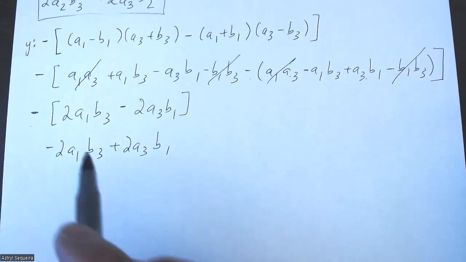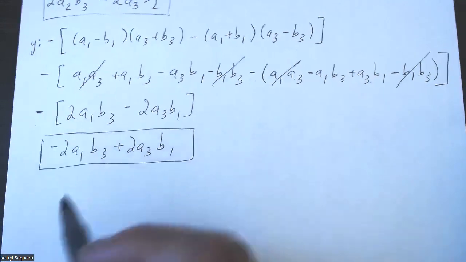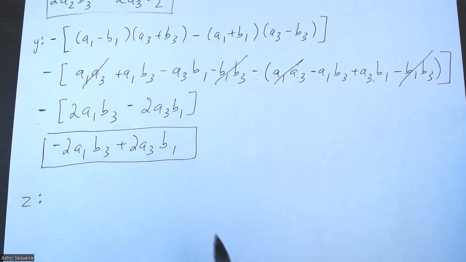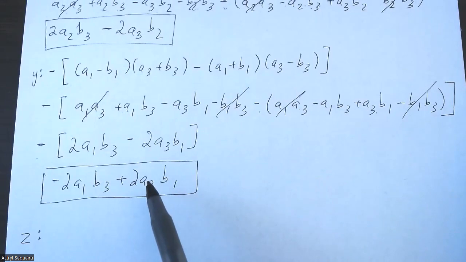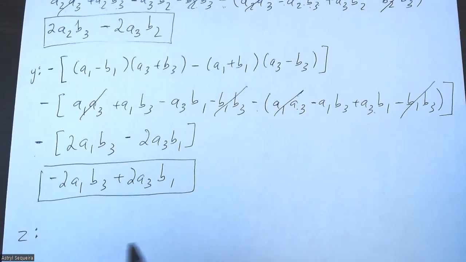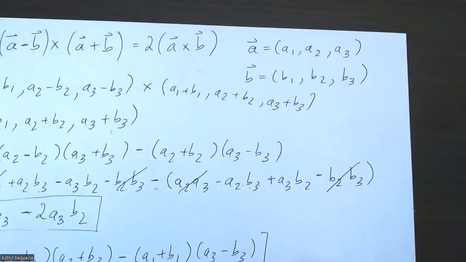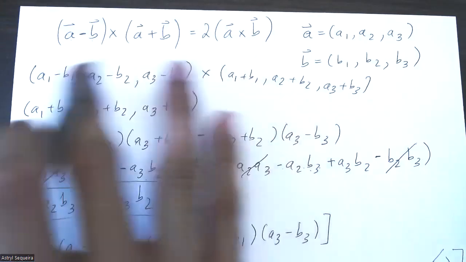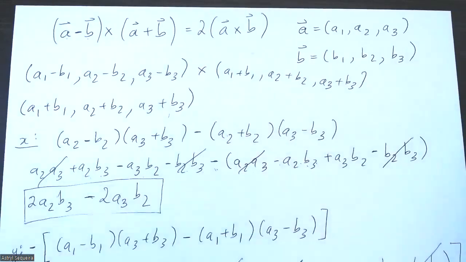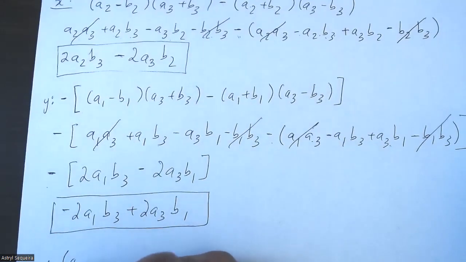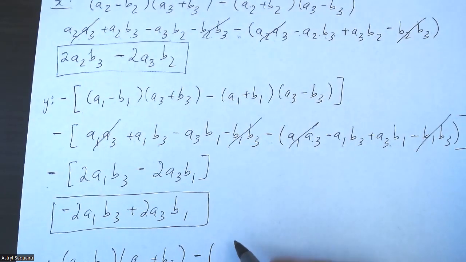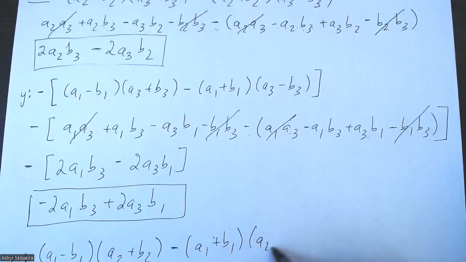Okay, we're going to follow the same pattern for the Z component, but you can probably tell the answer without doing all the steps because you can see these follow the same pattern. So you should have the same idea, but I'll do the long steps to prove it. So for my Z component, I hide the Z column and I cross multiply this times this minus that times that. So I have (A1 minus B1)(A2 plus B2) minus (A1 plus B1)(A2 minus B2).